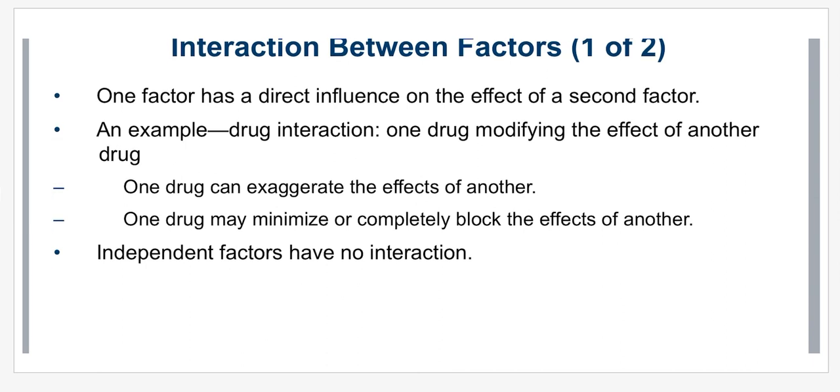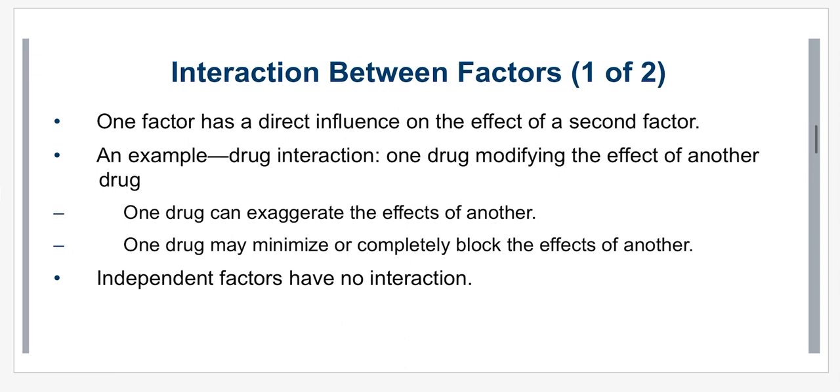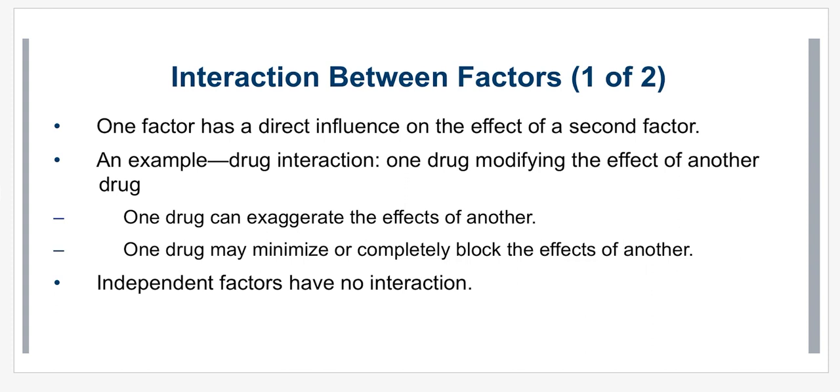The most common example that you are probably aware of is drug interactions. There may be two different drugs that you're looking at the effects of on behavior or on depression or whatever it is, and one drug may affect the efficacy of the other drug, right? Maybe taking one drug with the other exaggerates the effects of the other, or maybe one drug minimizes or completely blocks the effects of the other, so that it's not even able to work, to improve or change behavior.